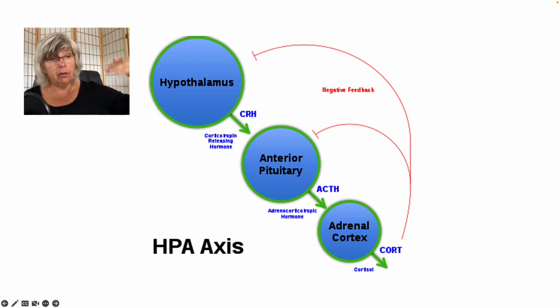And our cortisol levels in the bloodstream will rise until the hypothalamus and the anterior pituitary gland sense that we have achieved the desired levels, and then this communication system will stop.